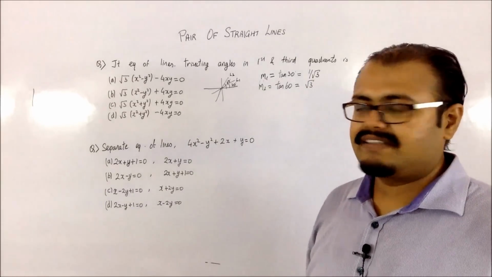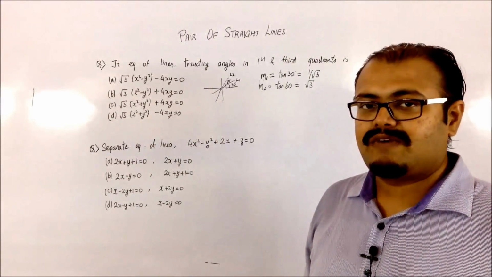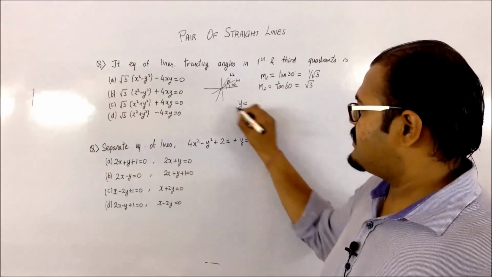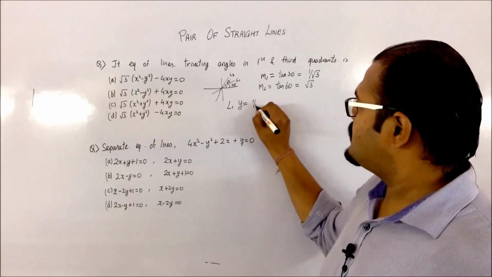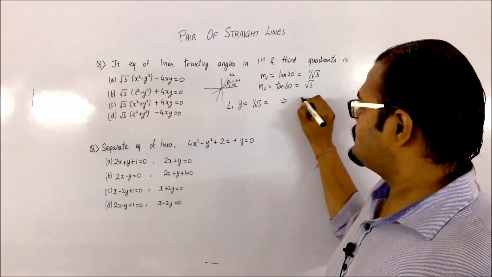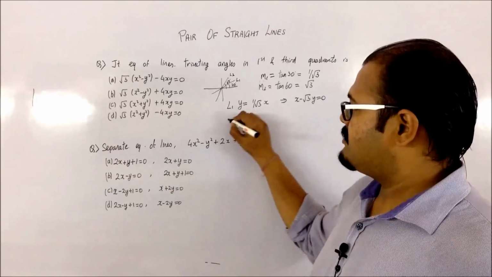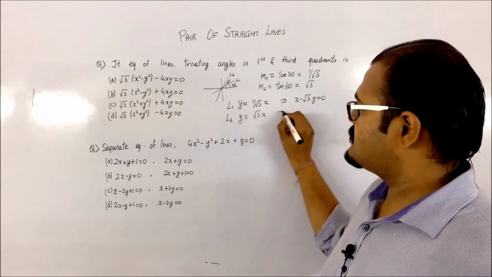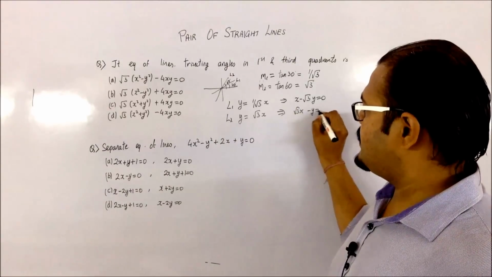Since the lines are passing through the origin, they will have the general equation y is equal to mx. So the first line, L1, is y equals 1 by root 3 x, which I will write as x minus root 3y equals 0. My second line is y is equal to root 3x, which I will write as root 3x minus y equals 0.